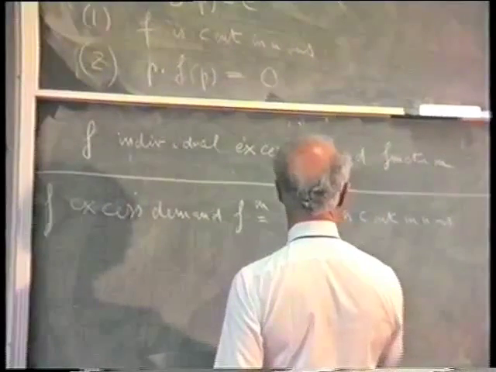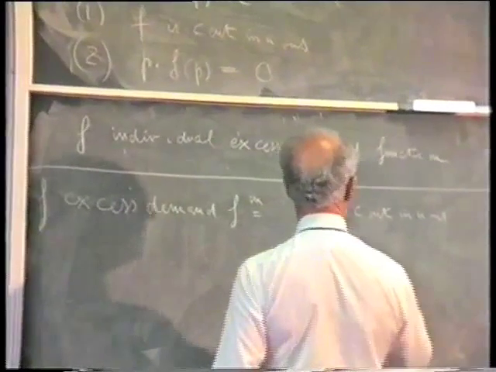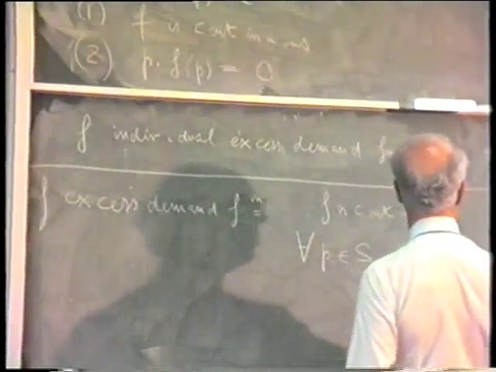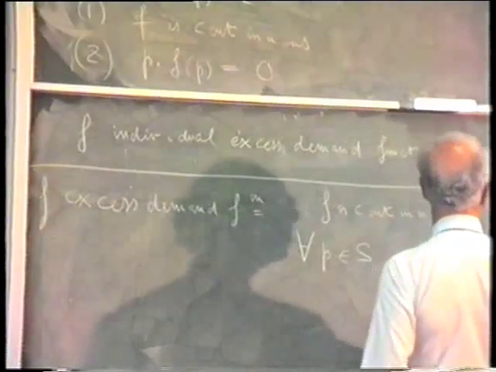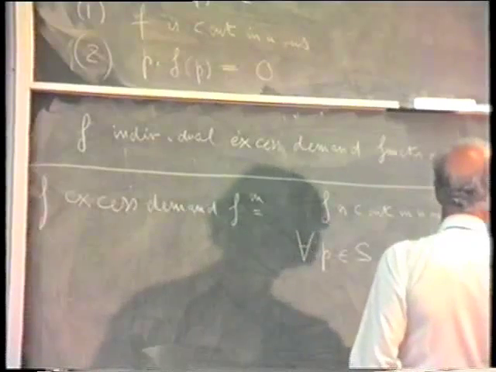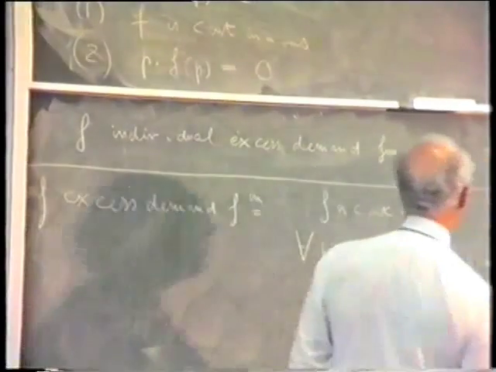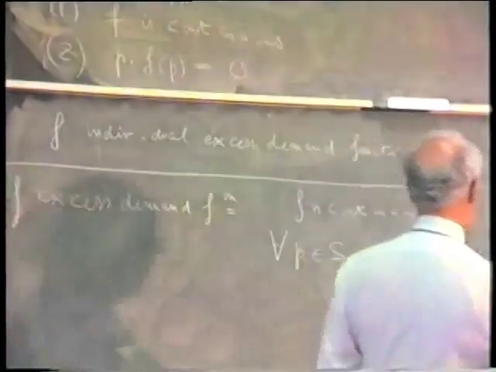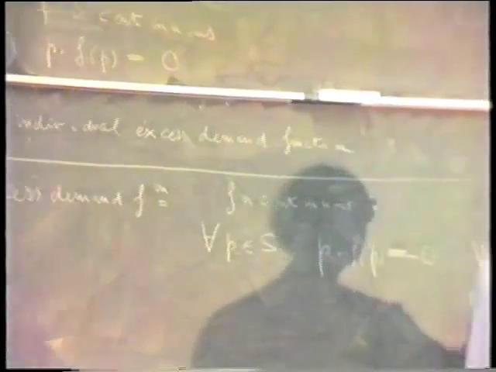And in addition, for every P in S, we have P dot F of P equals 0. That is not a different sign, so let me make sure there is no confusion. And that is the Walras law.